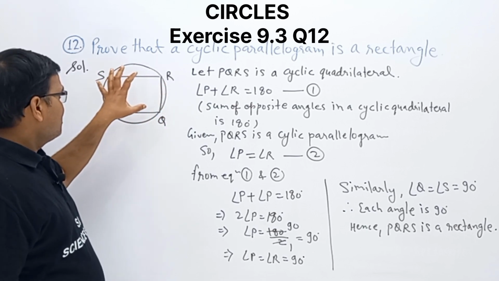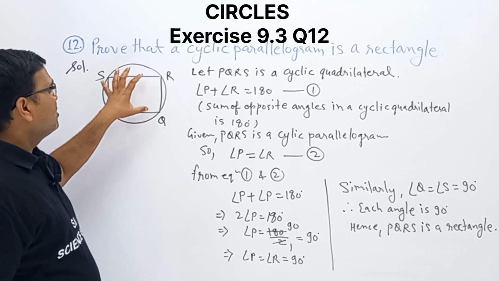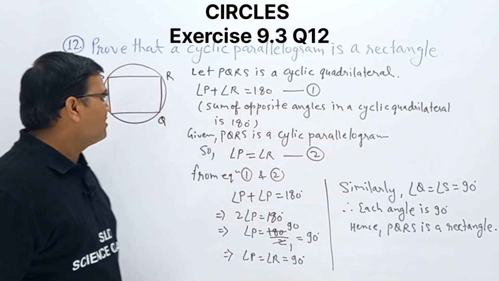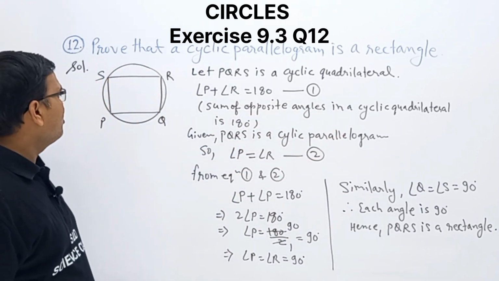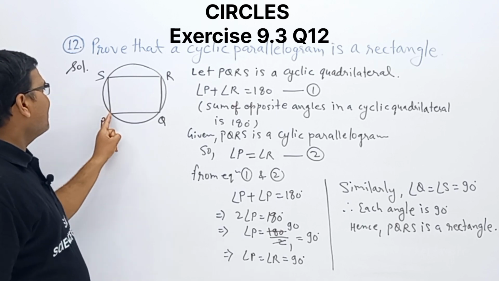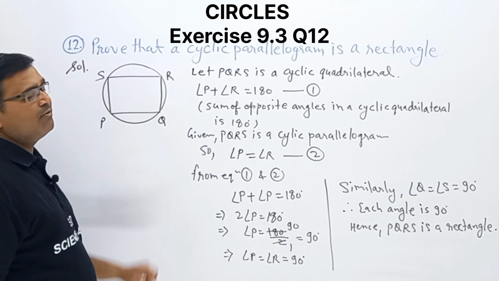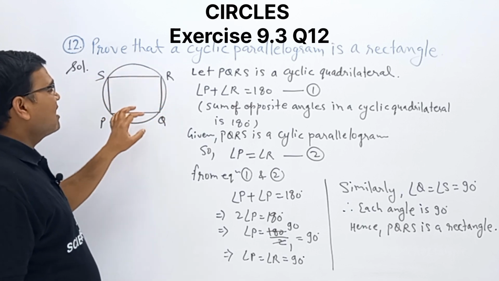The sum of the opposite angles in a cyclic quadrilateral is 180 degrees. This angle plus this angle is 180, and this angle and this angle sum to 180 degrees. Clear?